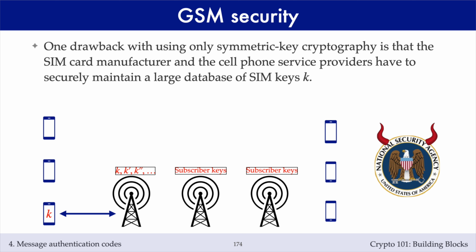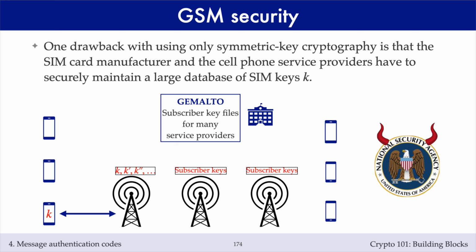This might also be hard to do because there are many cell phone service providers around the world, and each takes different measures to protect the security of its database. A much more attractive approach from NSA's point of view would be to break into Gemalto's databases and retrieve the secret keys that Gemalto selects for many cell phone service providers around the world.